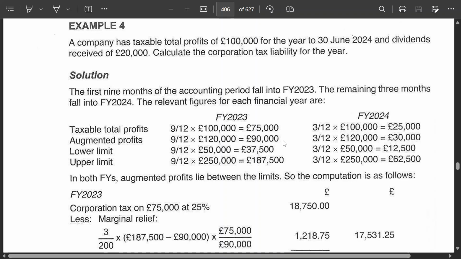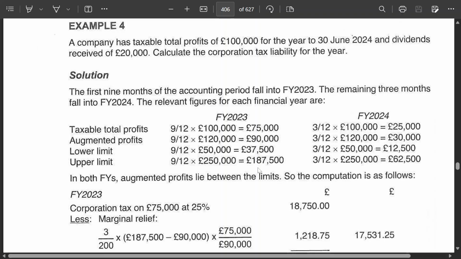Lower and upper limits have to be adjusted because you are considering a shorter period. Within FY23, you're only considering the last 9 months. So you have to take 9 by 12 into the LL and UL, and you get these two numbers. Is it clear how to calculate? Now you're apportioning the profit also.